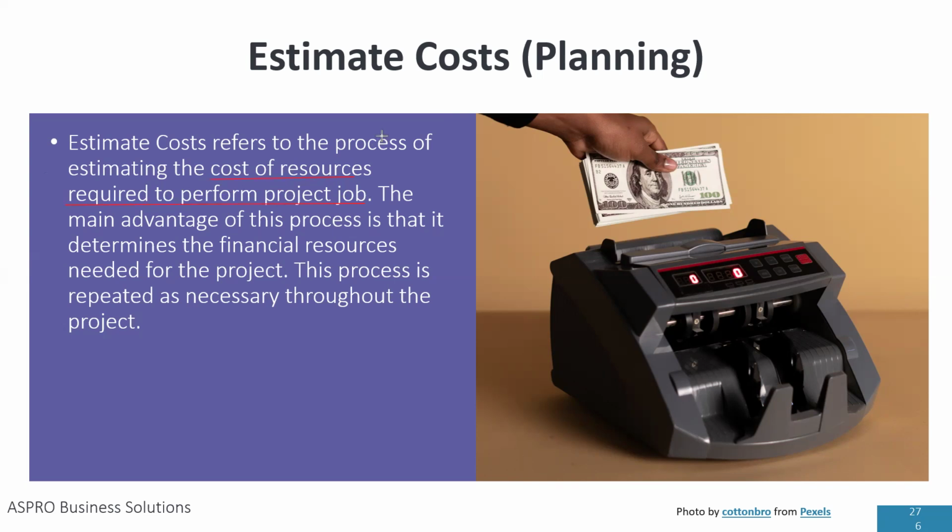So take, for example, if I want to estimate the cost of painting on a project, I'm going to estimate the cost of resources associated with painting. So for example, if I want to know the cost of painting, I'm going to find out how much the painter's labor charge is, right?